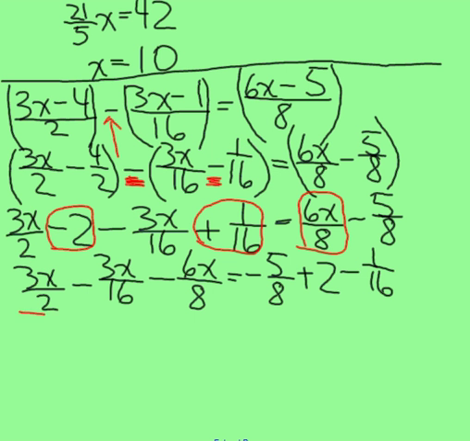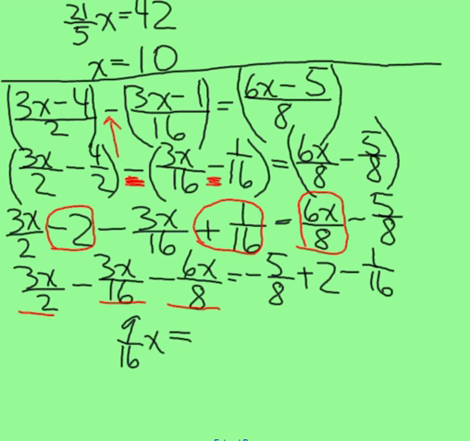That's coming from this fraction, minus 3 fraction 16 from the second fraction there, minus 6 fraction 8. And I'm hitting equals, and I'm getting 9/16, and that has an x on it.